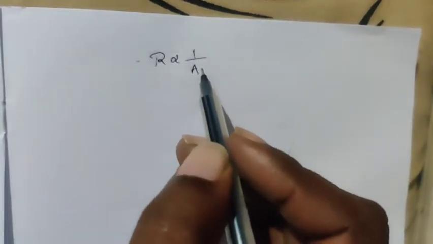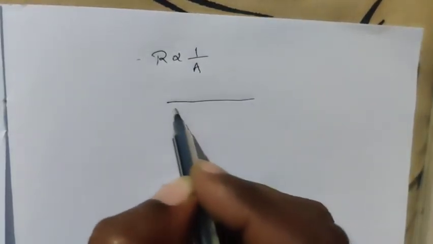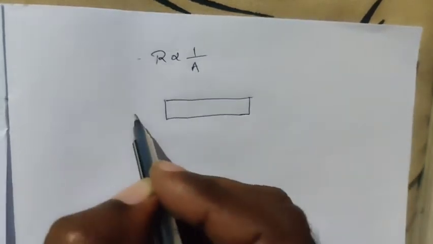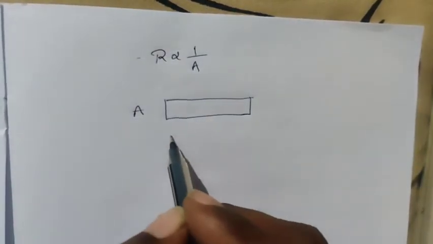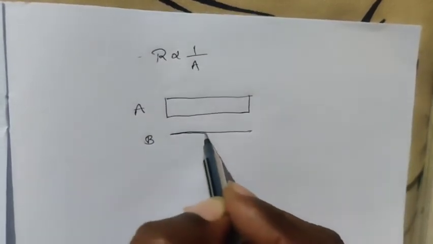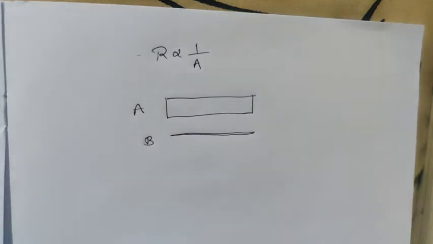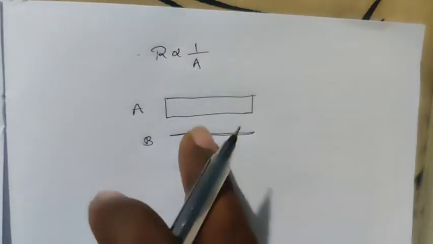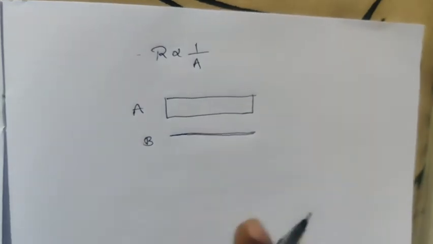R is inversely proportional to A. What does this mean? Let's take two conductors, conductor A and conductor B, of the same length and the same material. Same material means both must be copper, or both aluminum, or anything.